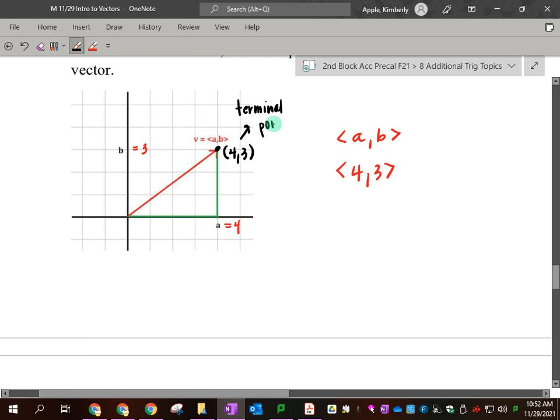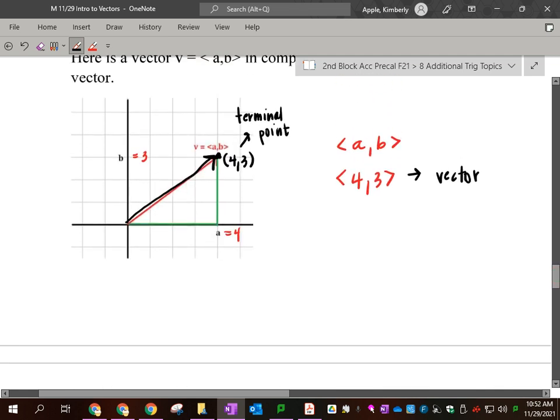This is the terminal point. This is a vector that is described by its terminal point. And that's a small distinction. But a vector is this whole thing. This arrow here is the vector. This is the point.